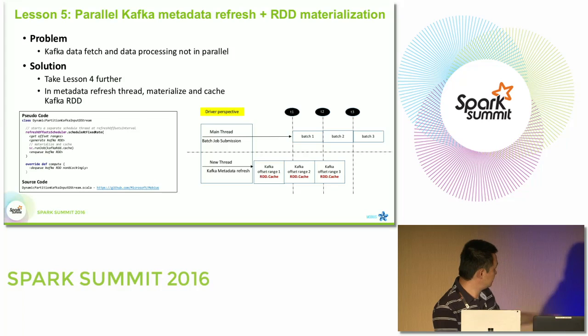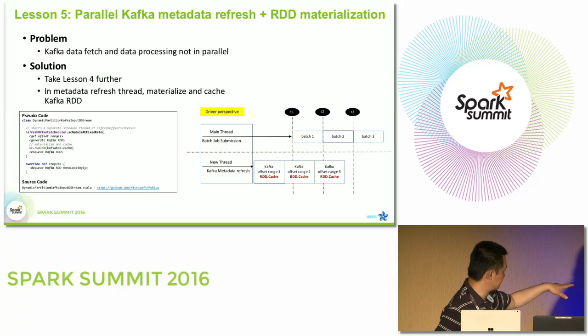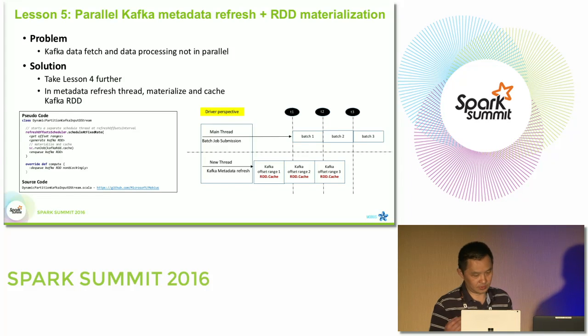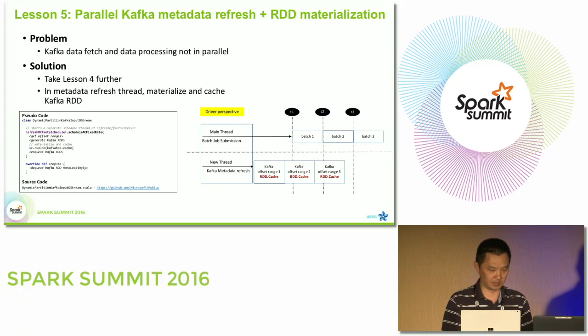Looking at the code, within that separate thread, after refreshing the metadata, we materialize by running the job and cache it for this stream to pick up. So when this stream creates the job, the fetched data is already there in the cluster. So it doesn't have to wait for the data to come.